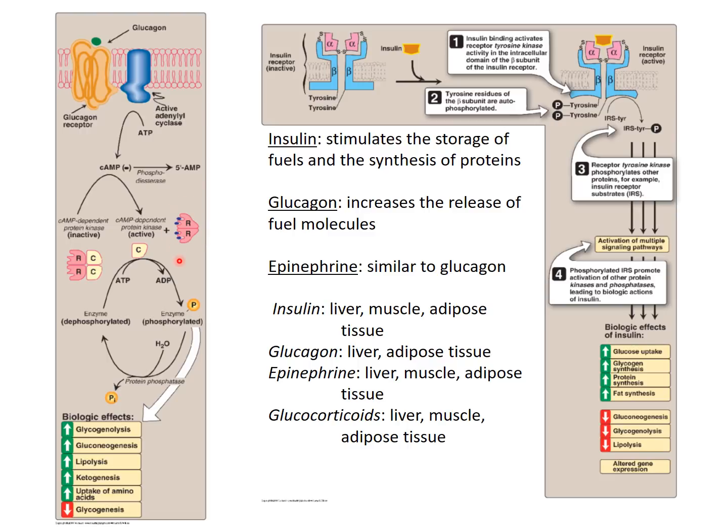This kinase will phosphorylate key intermediates in the signaling pathway or directly phosphorylate key enzymes in metabolism. So what is the effect? Upregulating glycogenolysis, gluconeogenesis, lipolysis, ketogenesis, and uptake of amino acids. Glycogenesis will be downregulated.